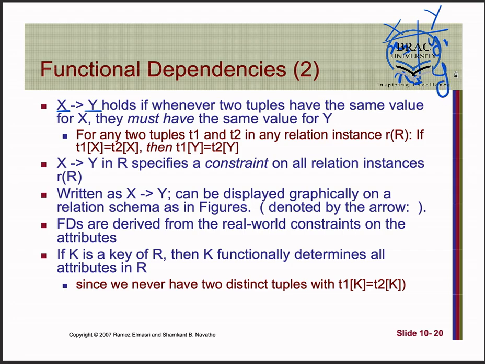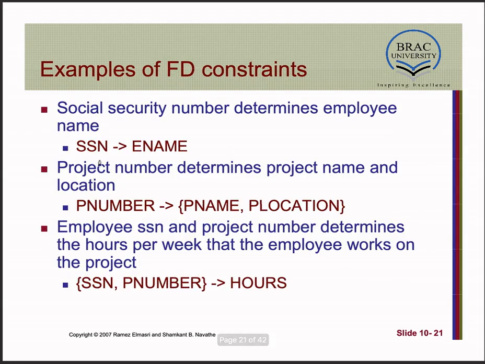It cannot be anything else. So because Y is functionally dependent on X, it means that if the value of X is the same in any row, then the value of Y should also be the same in those rows. Now let's look at a real example to understand what this means.